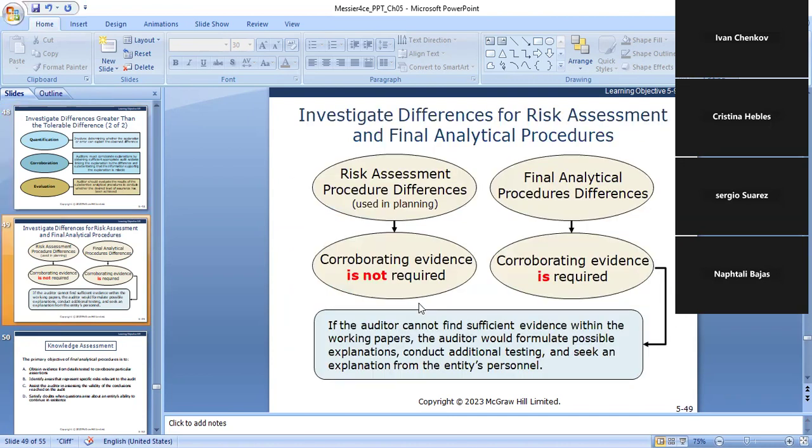Now, on investigating the differences in the risk assessment, there are the risk assessment procedure differences and the final analytical procedure differences. If corroboration evidence is not required, that means risk assessment procedure differences, those are used for the planning, everything's fine. If we have final analytical procedure differences, corroboration evidence is required.